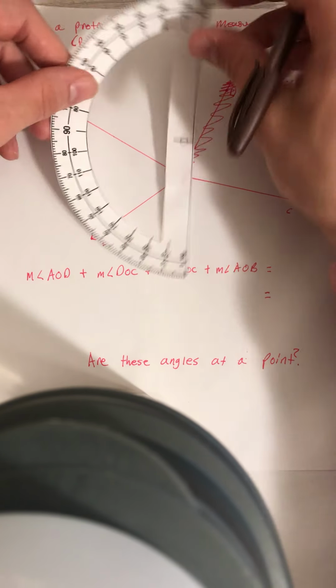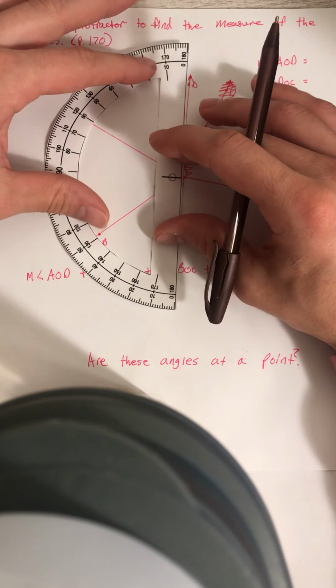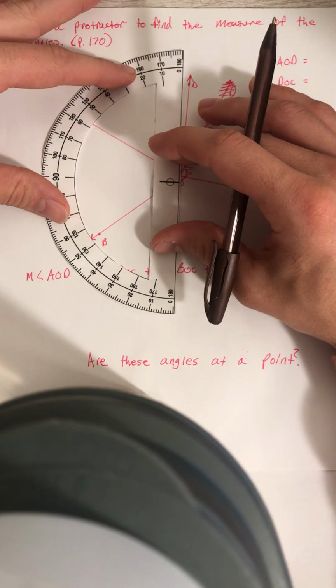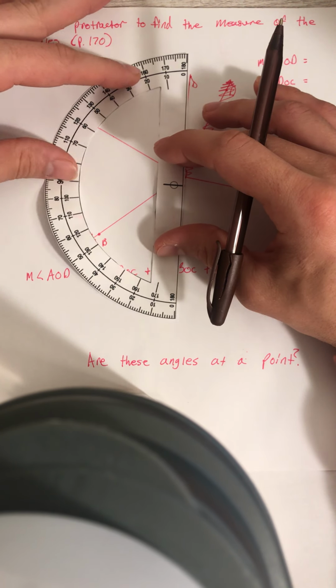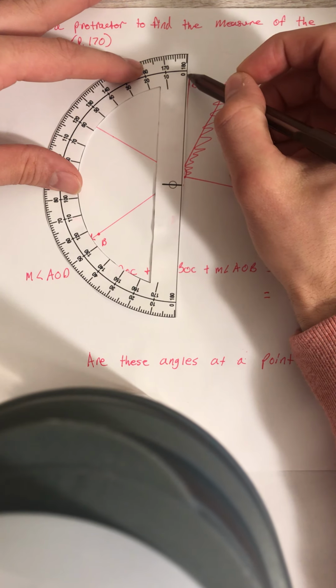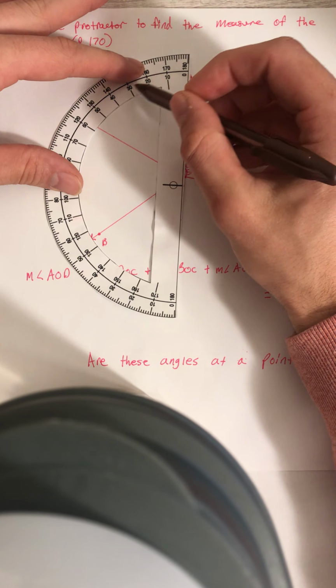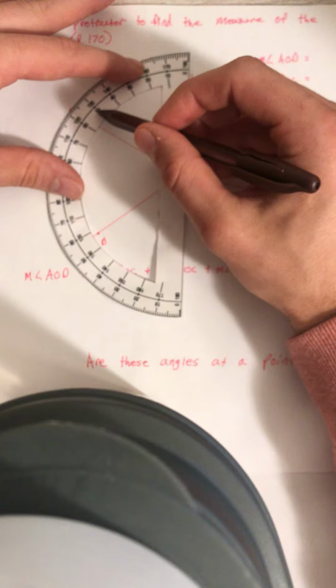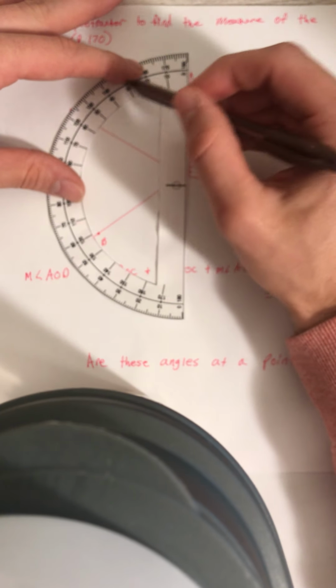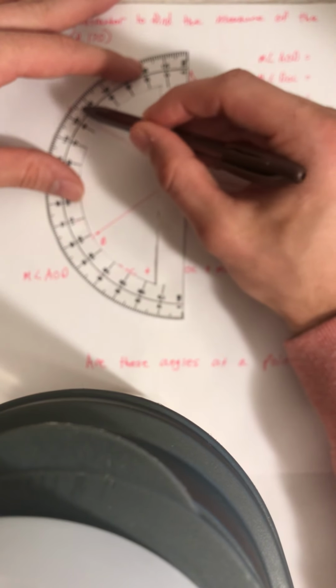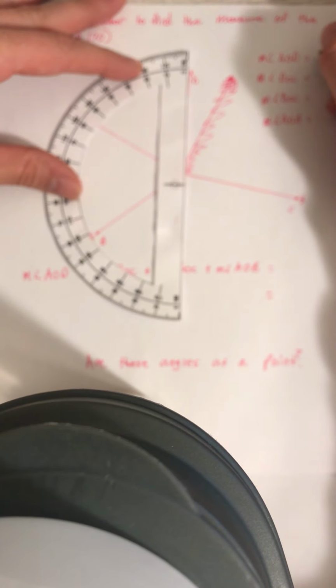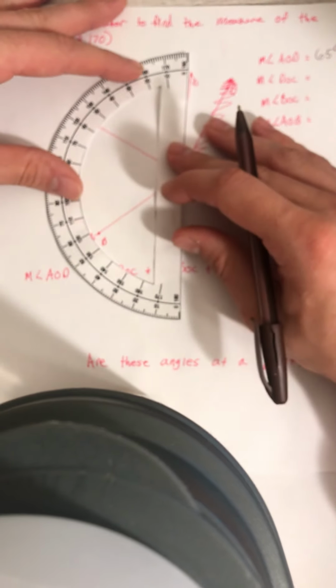Let me check it from the other way. I'm right on 65. I checked it both ways. I can write 65 degrees.